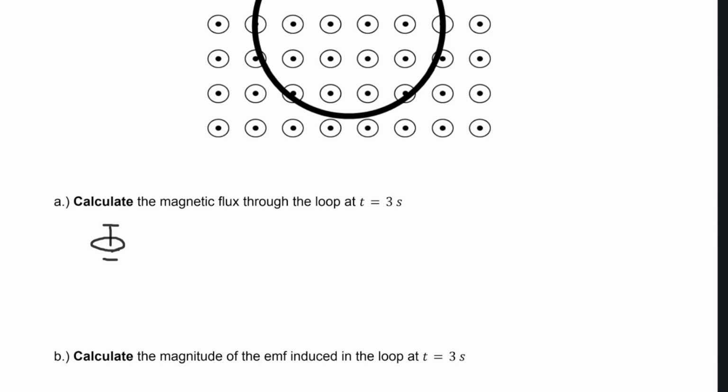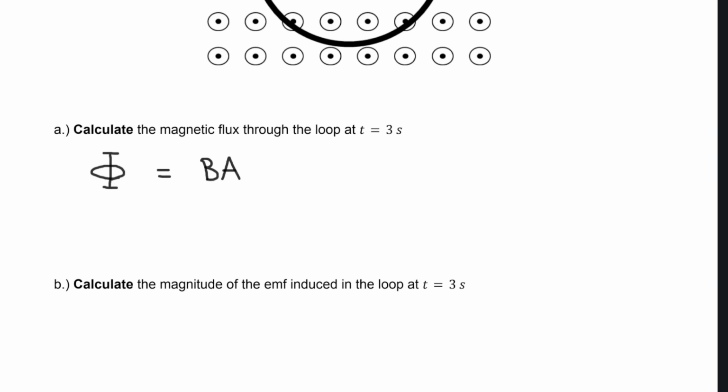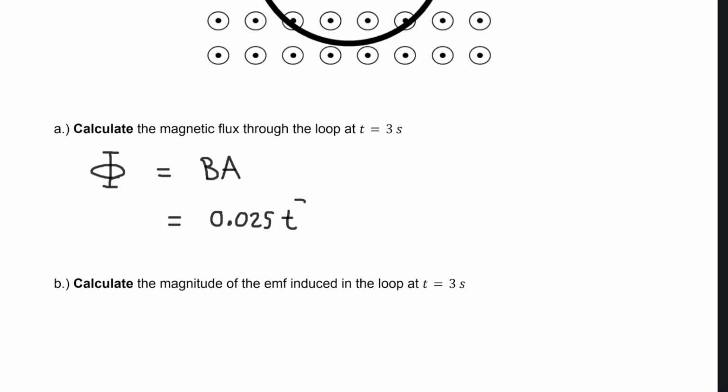So we can just write that the flux is equal to B times A, because we have a constant magnetic field exactly perpendicular to an area A. And we said the magnetic field B is given by 0.025 t squared times the area, which is pi times r squared. So don't forget the area. We're not just looking at the magnetic field, we're looking at the flux, so we have to incorporate that area term.